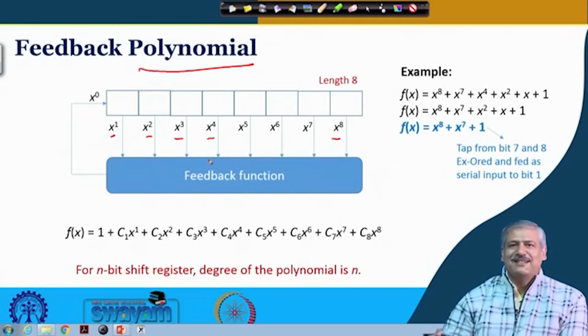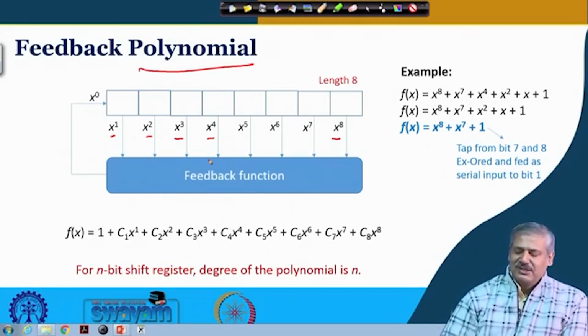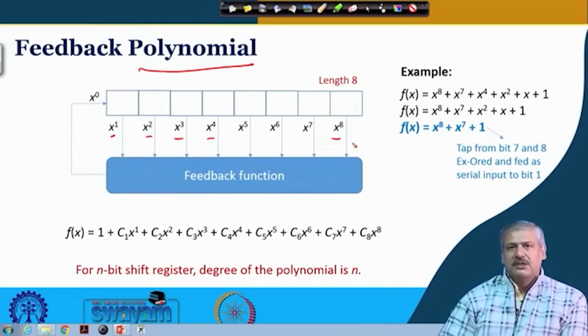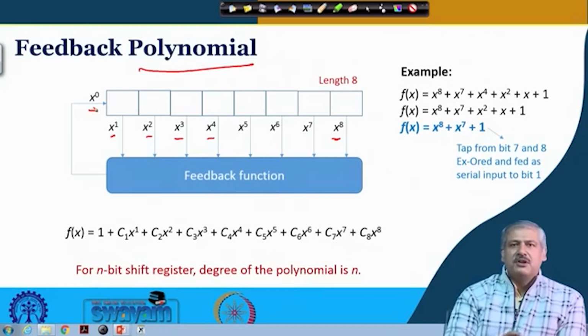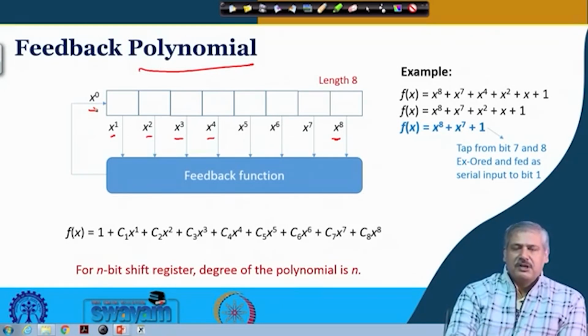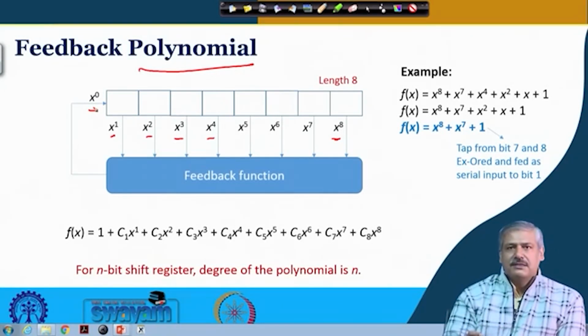This is the idea. So you have x to the power 8 up to here, and the input to it is not delayed, it will come to the output after one clock trigger.